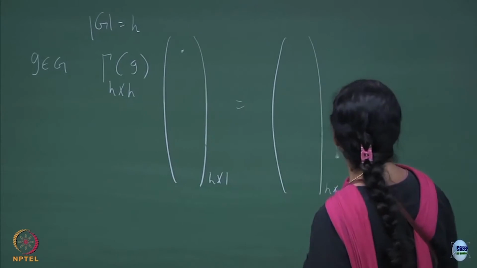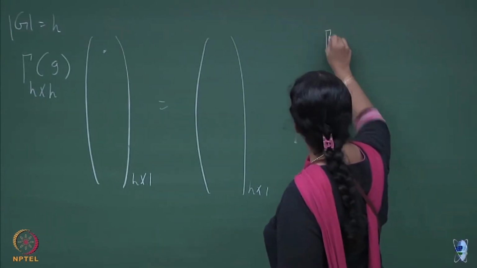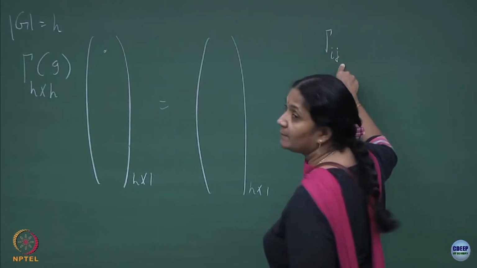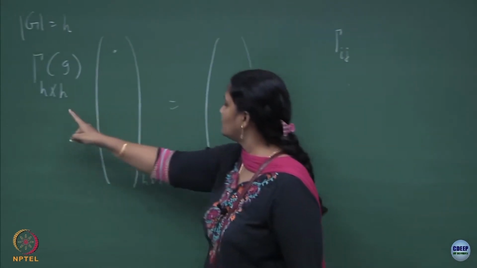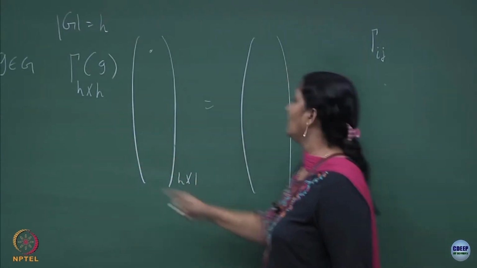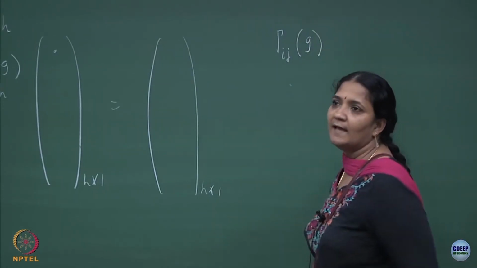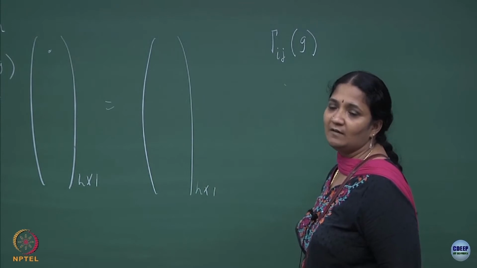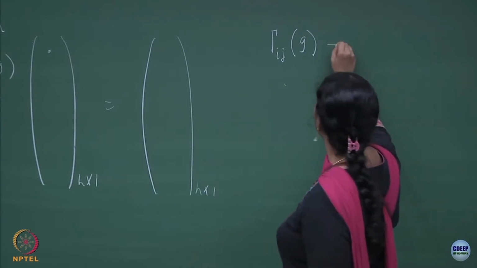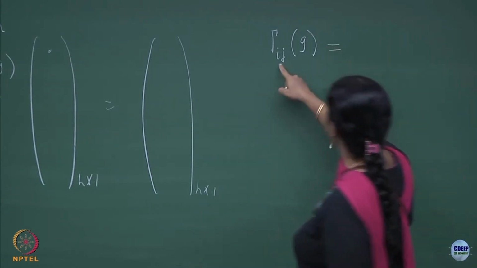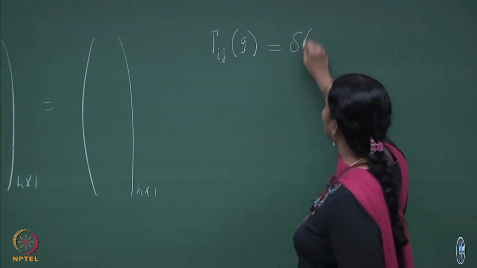If I want to find what is the gamma ij element, because this will be an H cross H matrix, I want to find the ijth element for a particular element G.